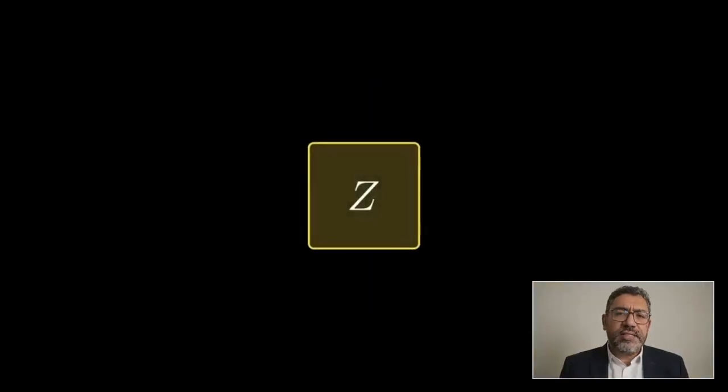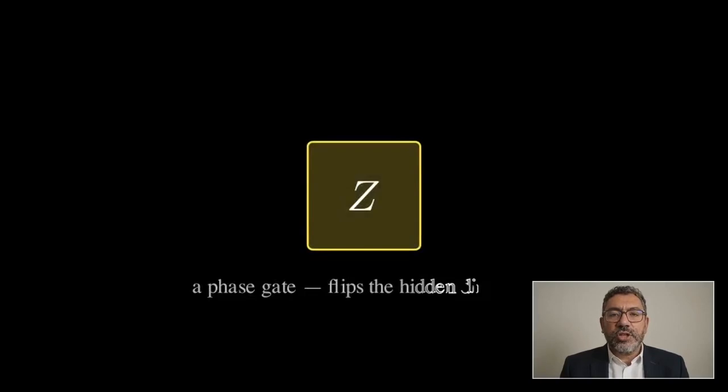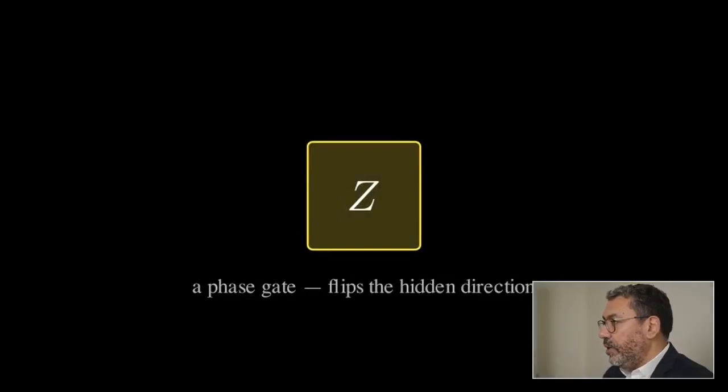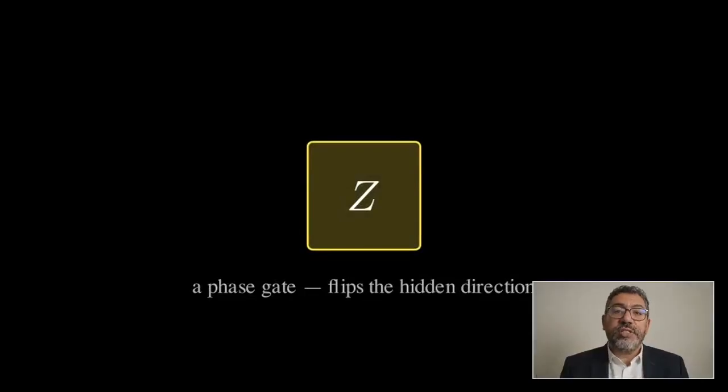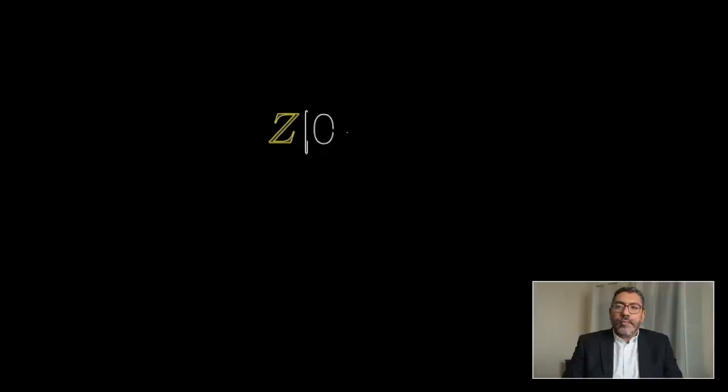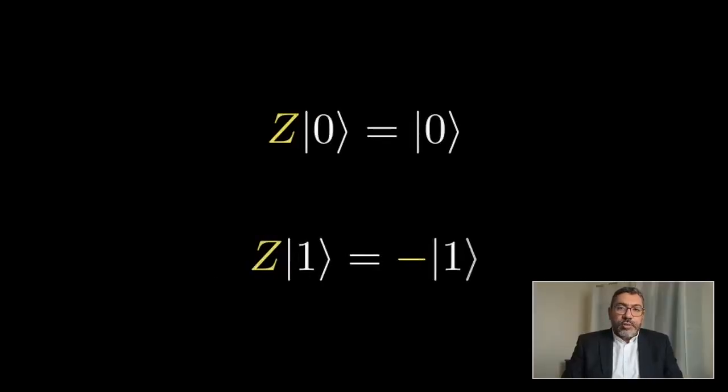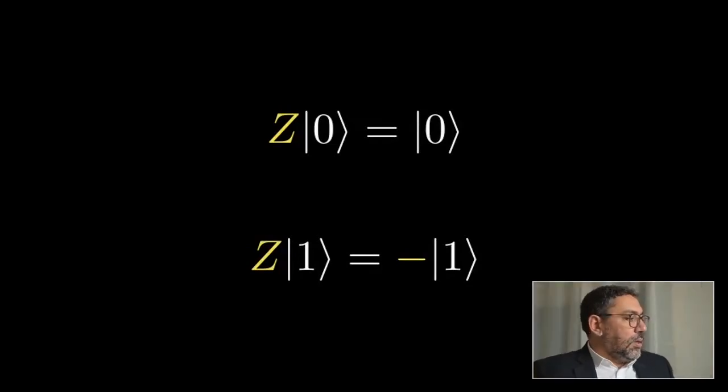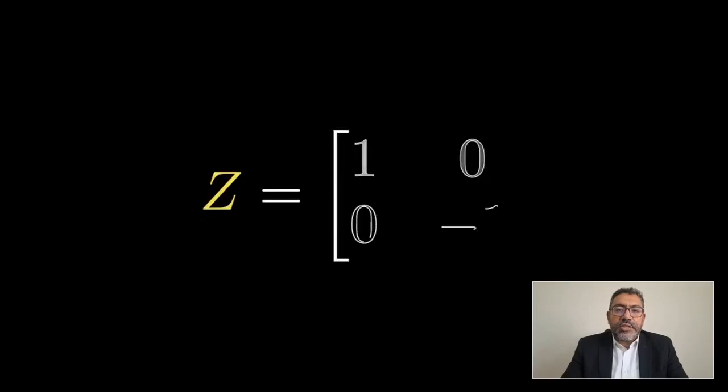The Z gate is different. It does not change 0 into 1. Instead, it changes the phase. Z leaves ket 0 unchanged, but it gives ket 1 a minus sign. Its matrix is 1, 0, 0, minus 1.